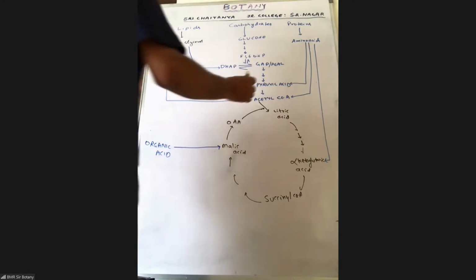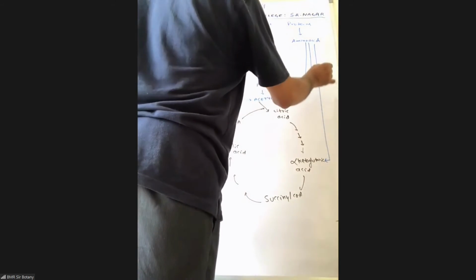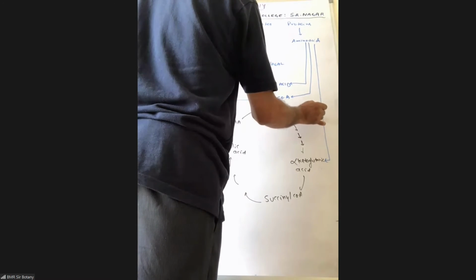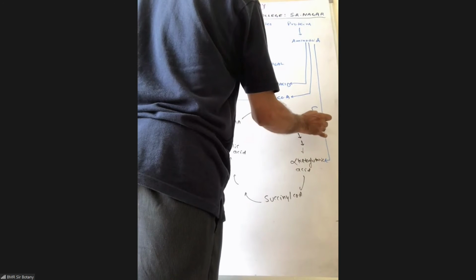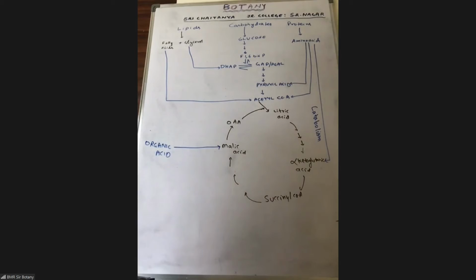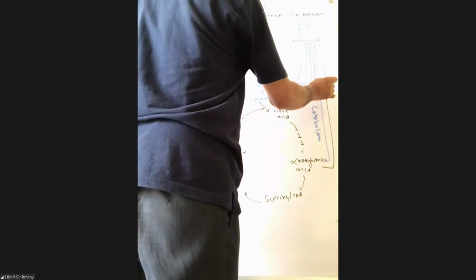So these indicate catabolism. Breakdown process. If reverse, it is alpha ketoglutaric acid withdrawn to form amino acid, then proteins. Same is the case with these also. Then what do you call the reverse, Nana?